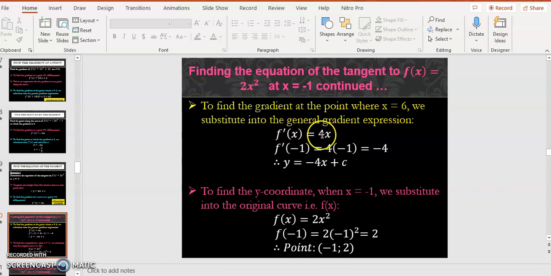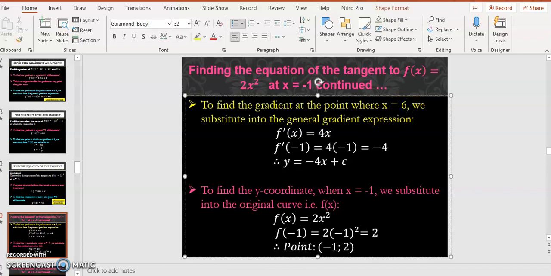Negative 1. This is the 4. This x is negative 1. And if you multiply this, you are going to get negative 4. So this becomes the gradient. The gradient is supposed to give you a value, but this gradient has a variable x, and that x is the point given. This must be negative 1.